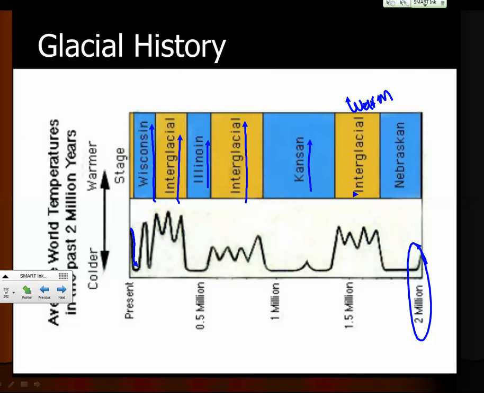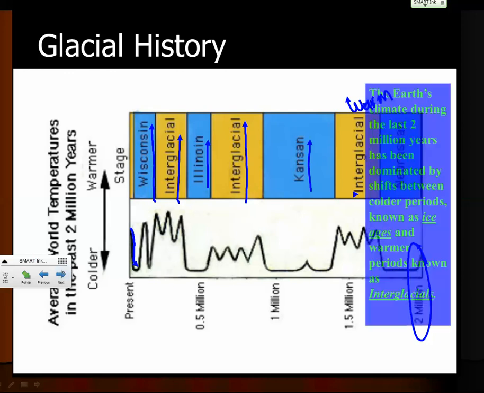So there's been many warming periods and cooler periods, and there's no sense in thinking that it's not going to happen again. Of course it's going to happen again.